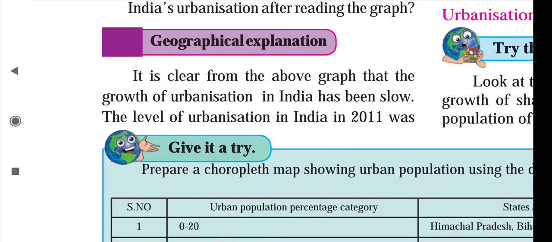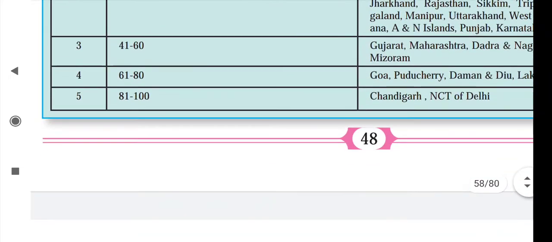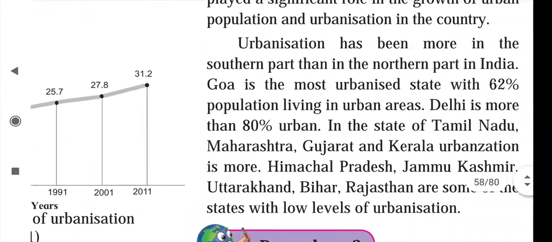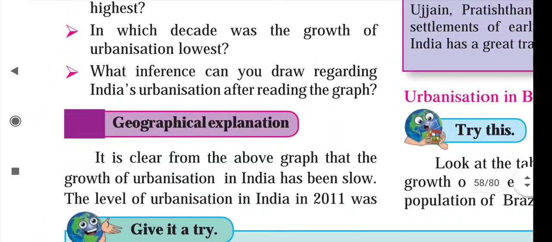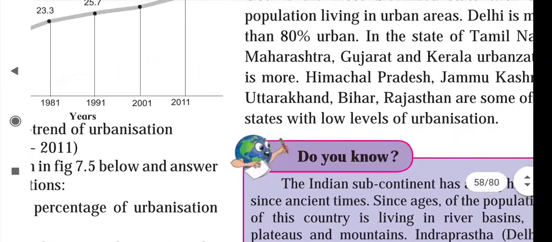The level of urbanization in India in 2011 was 31.16%, which is quite low in comparison to developed countries.